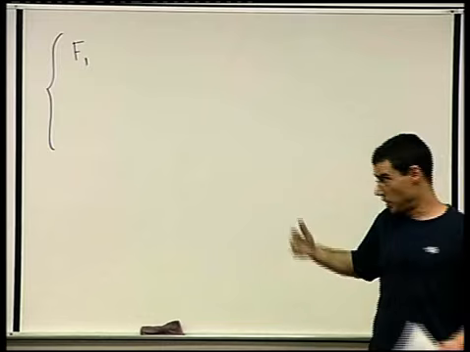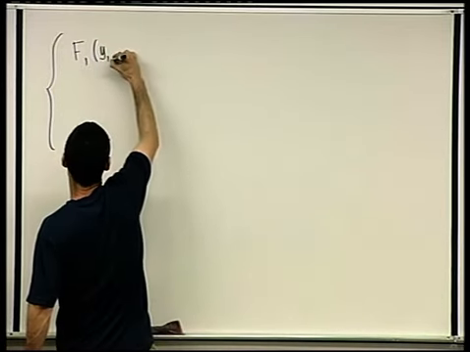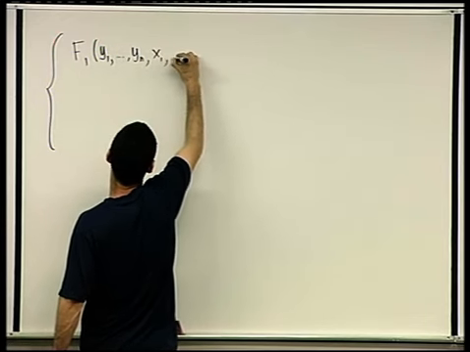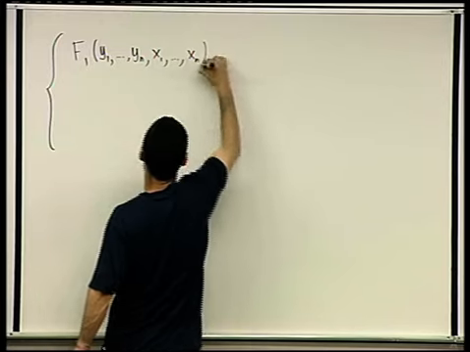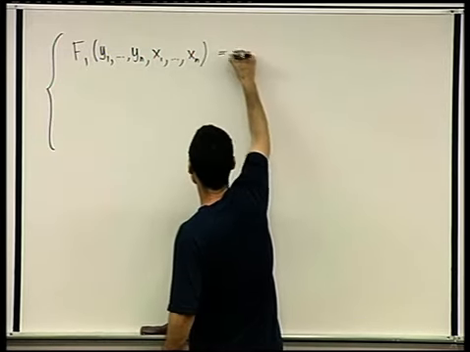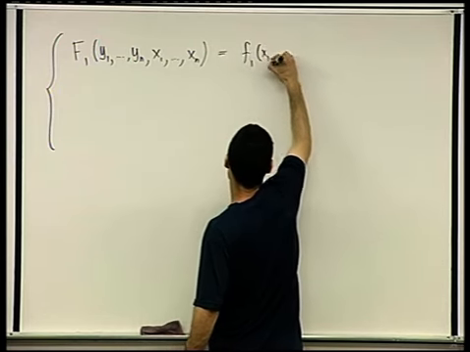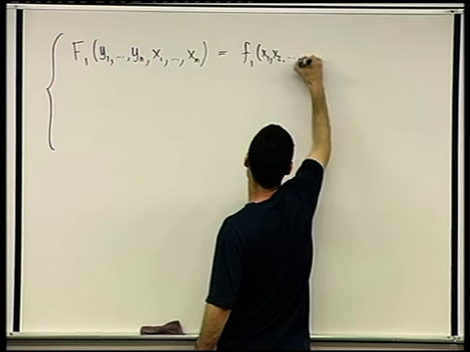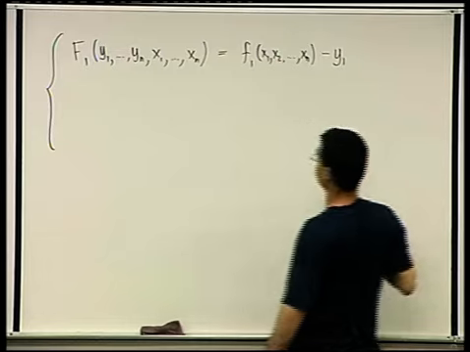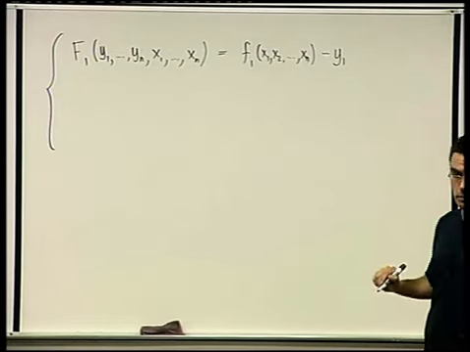These are going to be relations between all the variables. So F1 is going to be a function of y1 up to yn and x1 up to xn. A function of all these variables. And it's going to be defined as little f1 of x1, x2 up to xn minus y1. That's the definition of capital F1.